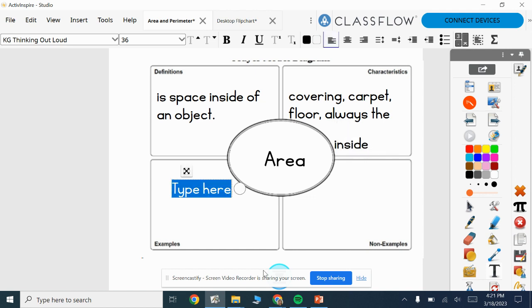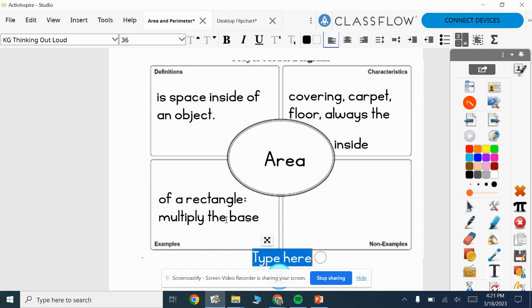So to find the area of a rectangle, you multiply. You just multiply the base, the length and the width.